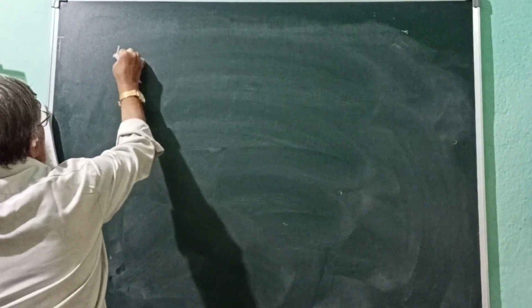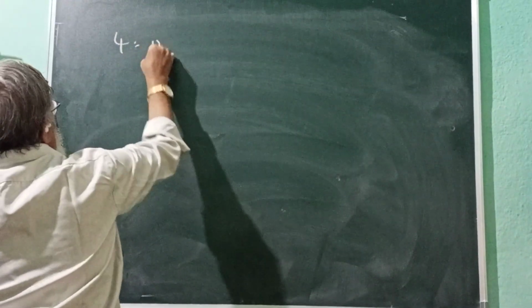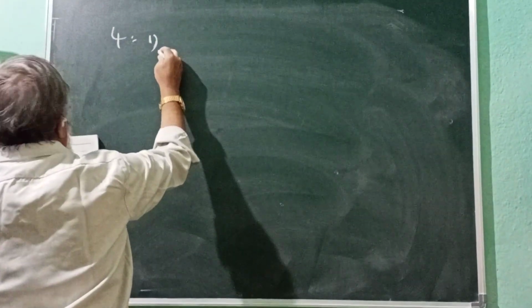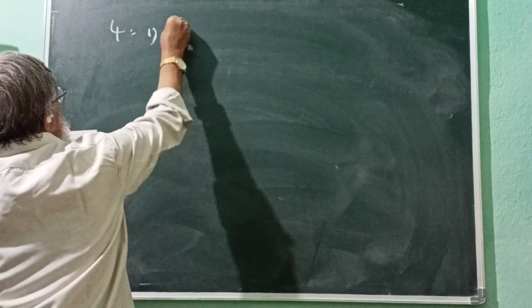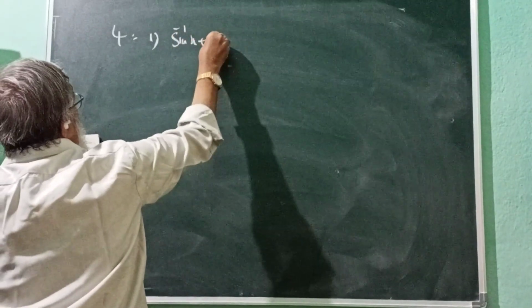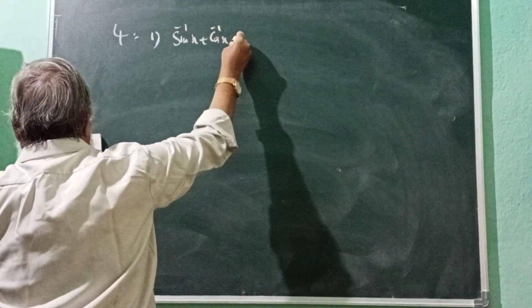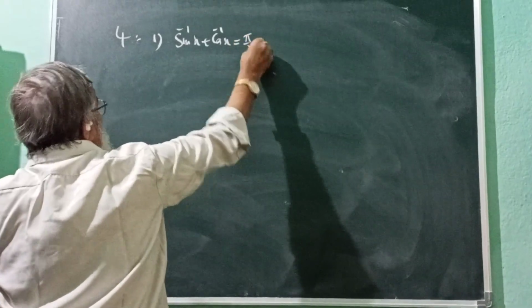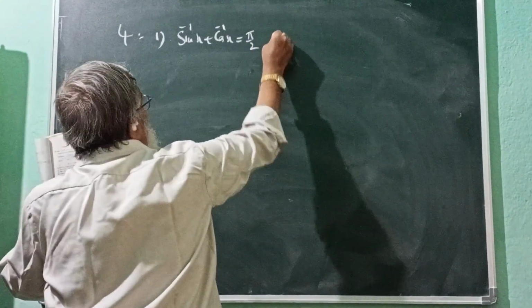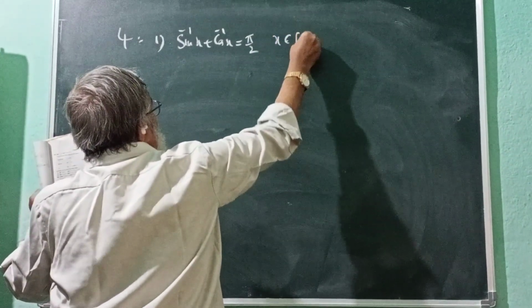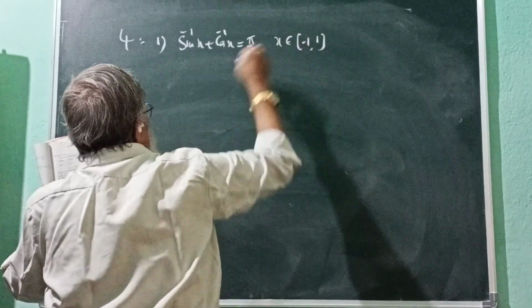Now, the fourth set of formulas. First one is sin inverse x plus cos inverse x is equal to pi by 2, where x belongs to minus 1 to plus 1.